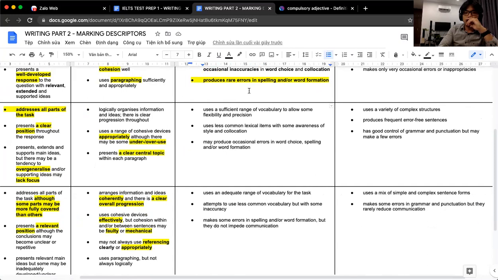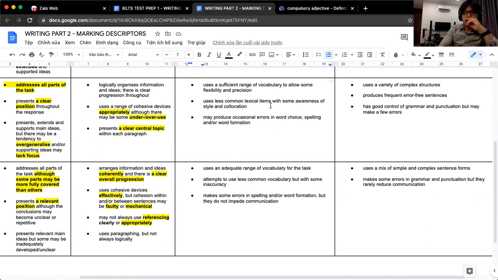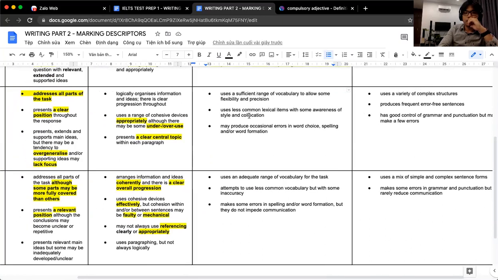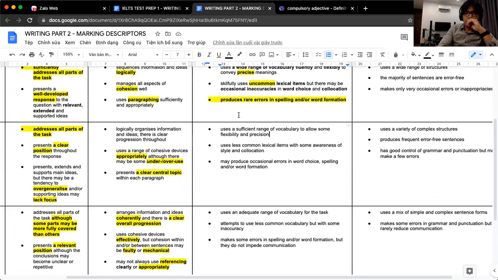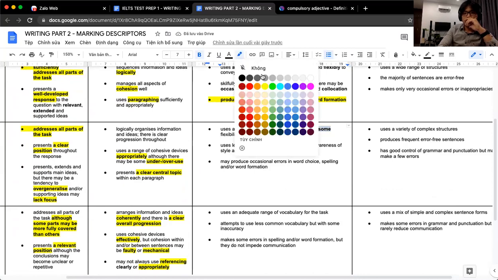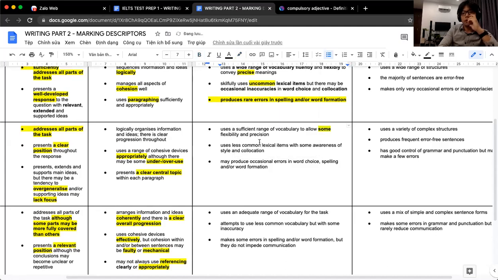Now for band 7, it's basically the same. But in band 7, you make more mistakes than in band 8. And allow some, notice the word some, flexibility and precision. So you try to use the language, but it is still limited.